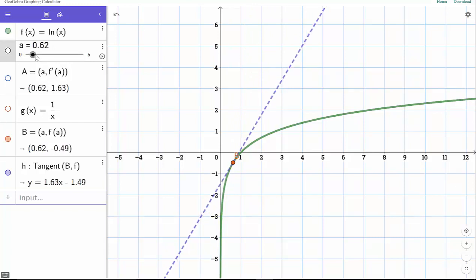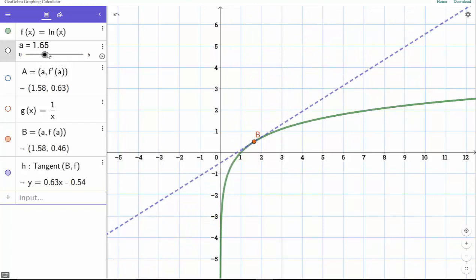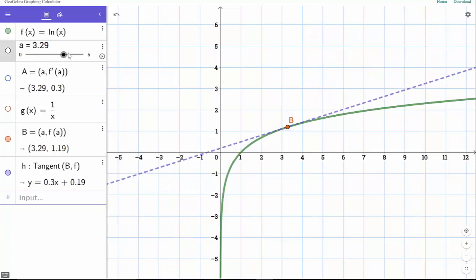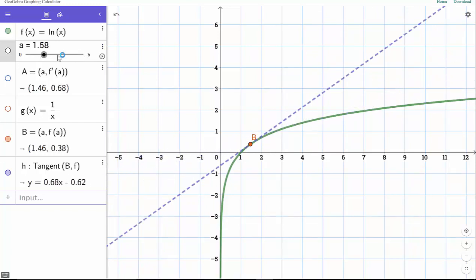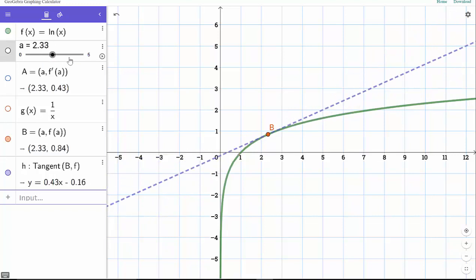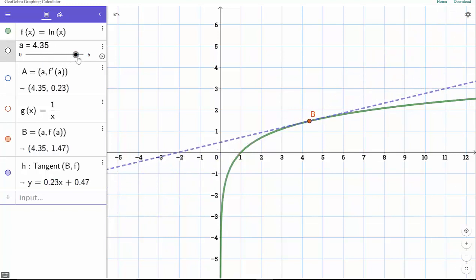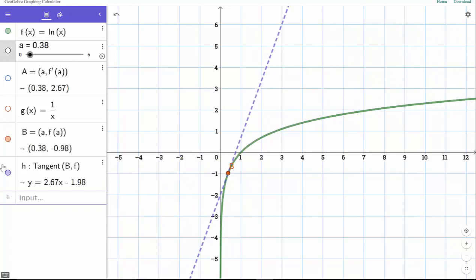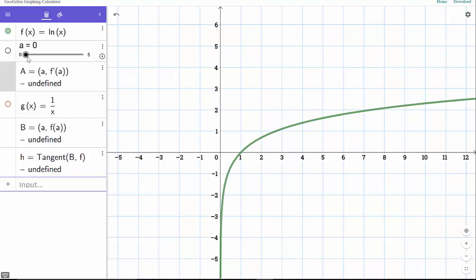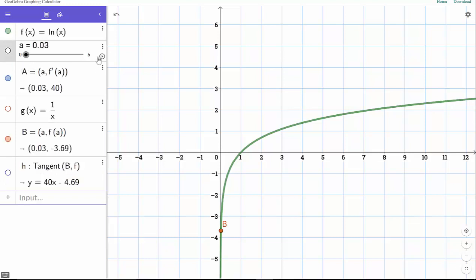So numerically, the slope gets smaller and smaller until we start approaching what value? Right? If I were to let this continue going, what value would the slope approach? That's right, the slope would approach 0. So now let's graph the derivative of this function.